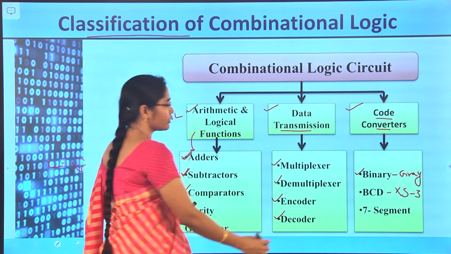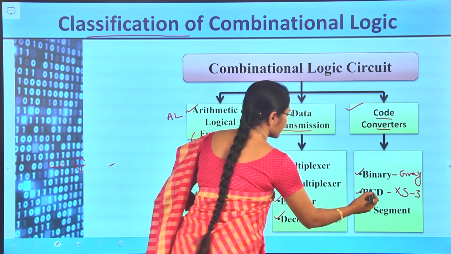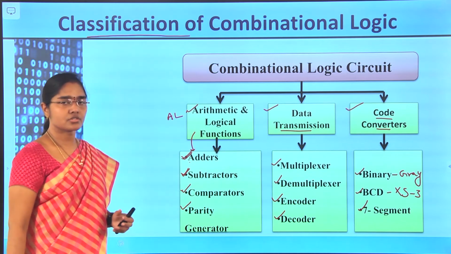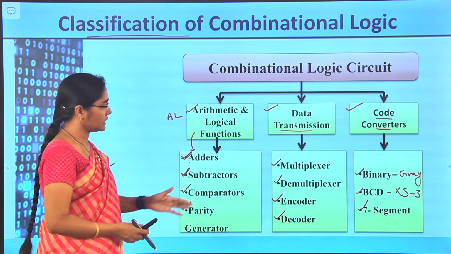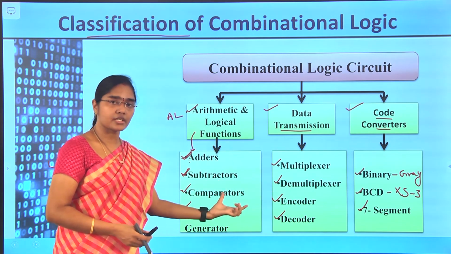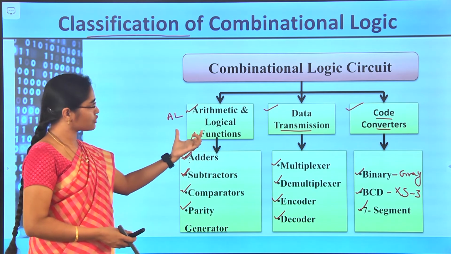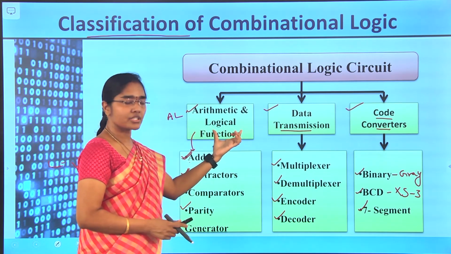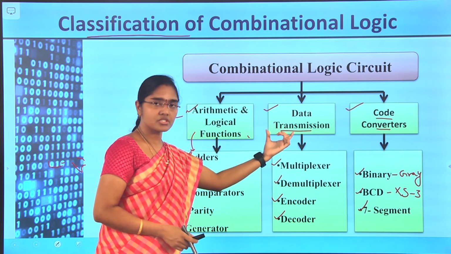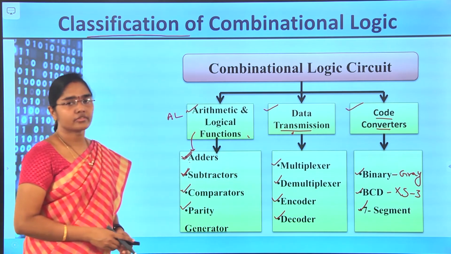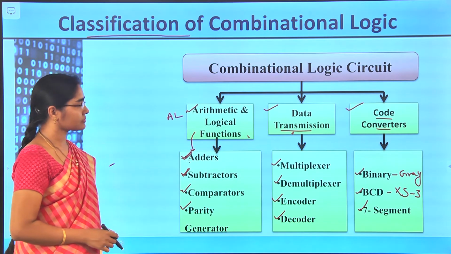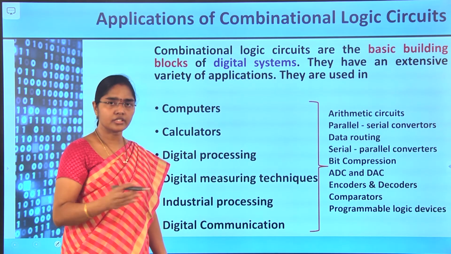We will see different kinds of code conversions. These are the example combinational circuits in the classification of arithmetic logic function circuits, data transmission circuits and code converter circuits. We will see all of those in the next topics.